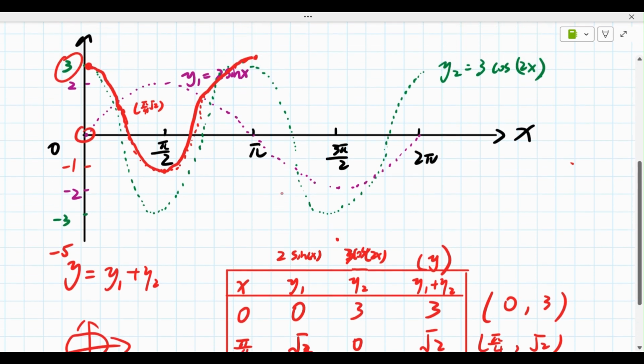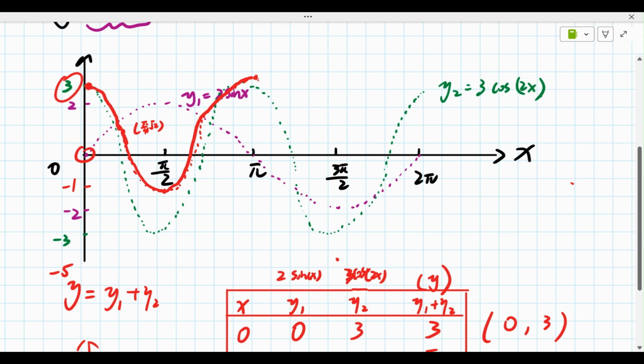So we can say our graph will be here. And 2 pi will be easy to calculate as well. That's 0 plus 1 times 3 equals 3. So we're going to be back on 3. So it'll be like that.